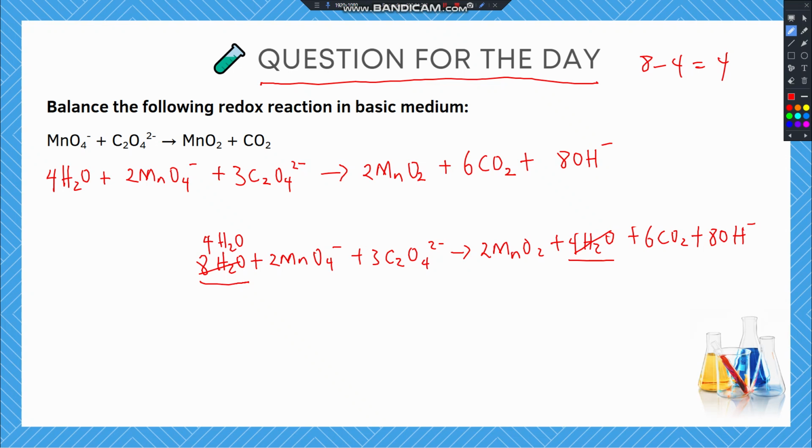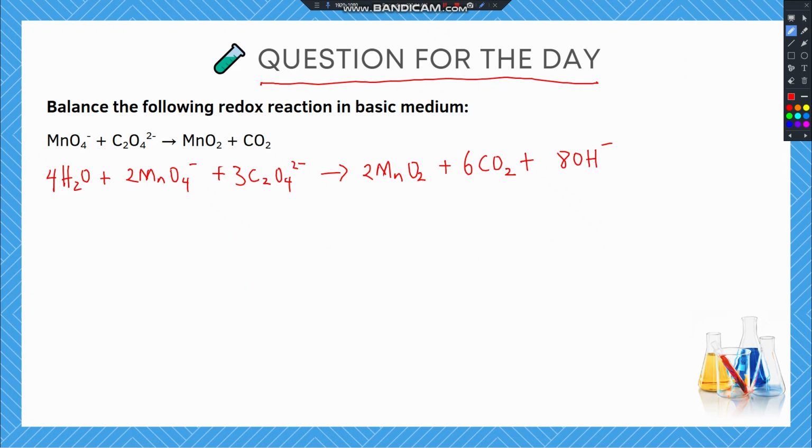Now when we've balanced a redox reaction like this, we need to check if atoms are balanced and if charges are balanced as well. So to check if atoms are balanced, how many elements do we have? We have hydrogen, we have oxygen, we have manganese, and we have carbon.